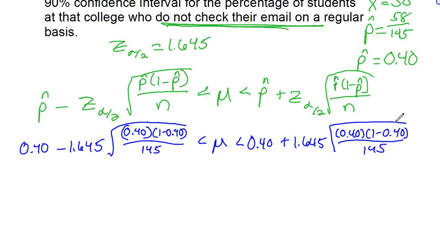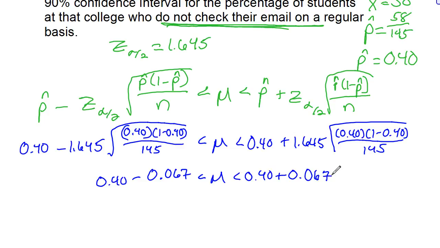I'm going to go ahead and calculate my margin of error first, which is going to give me 0.067. And I rounded it to 3 decimal places because remember that we are looking at 3 decimal places.